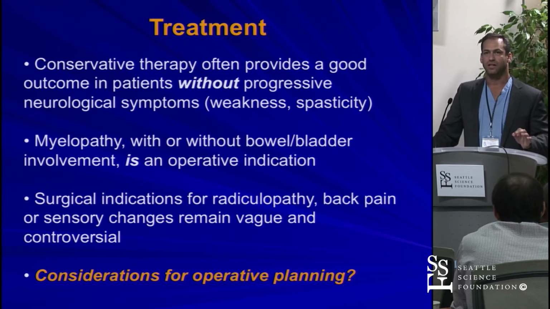Conservative therapy is very often the treatment course for patients with thoracic disc herniation. Certainly, if they're coming to you asymptomatic, it was an incidental finding. But even in patients that come in, as long as they don't have myelopathy, these patients can often do well with conservative treatment options.